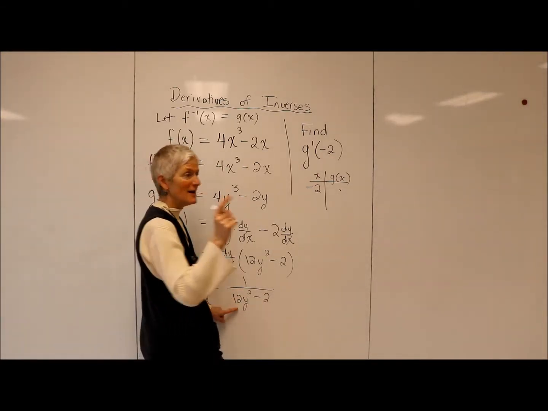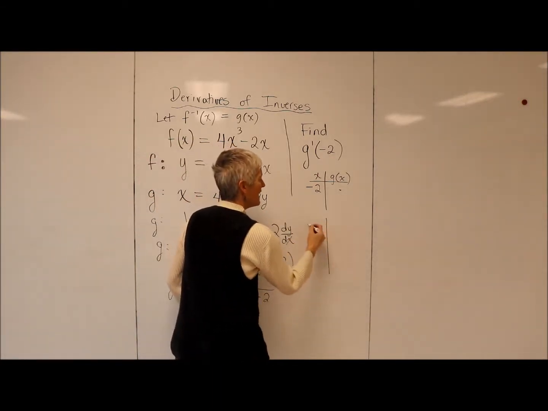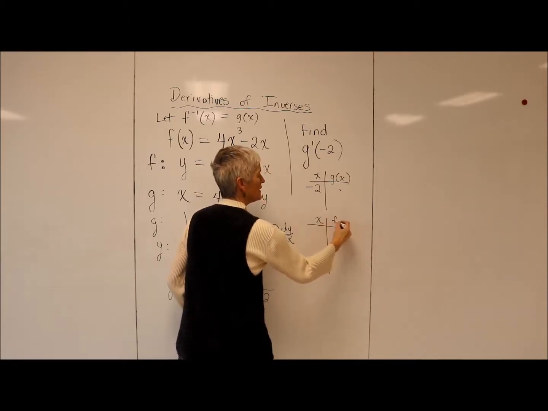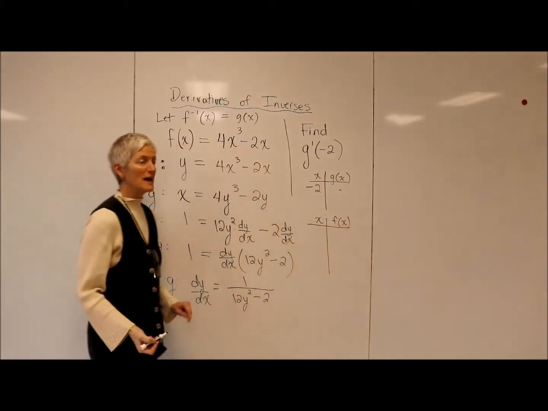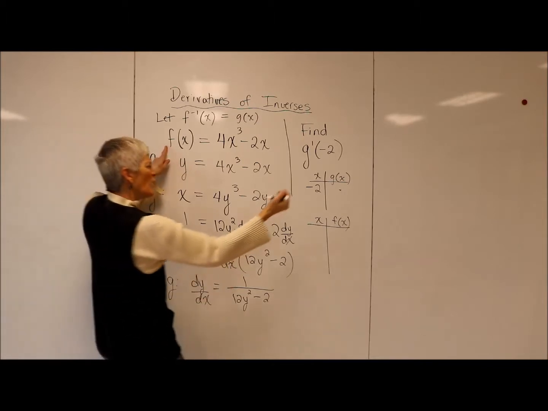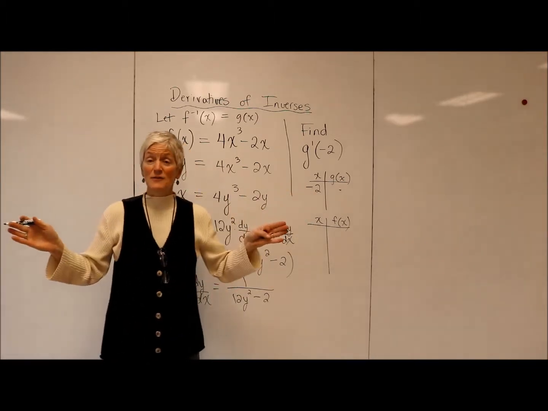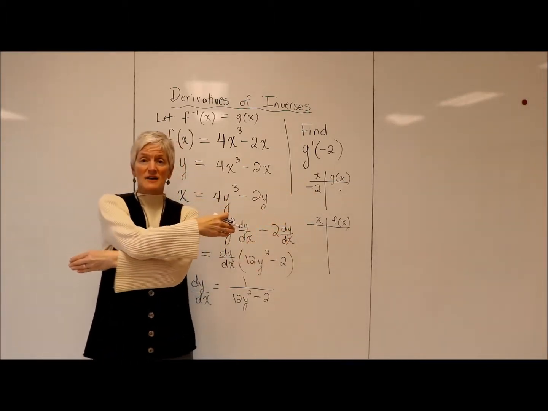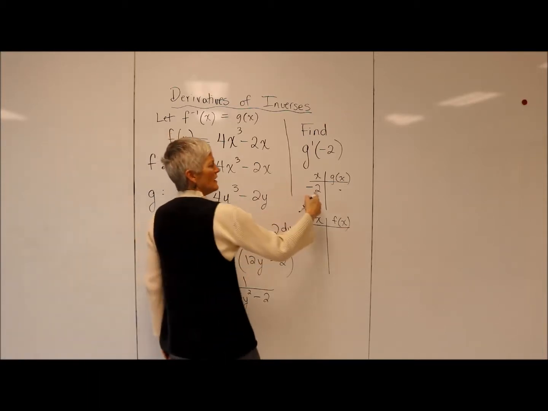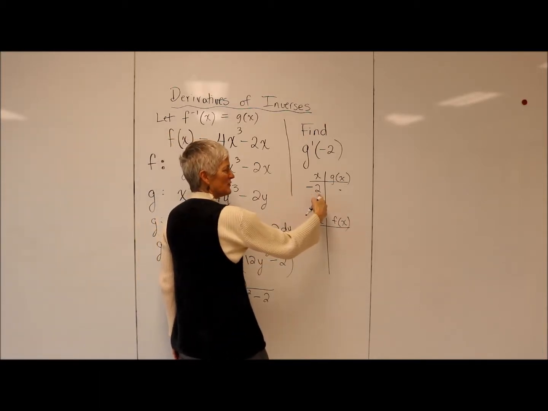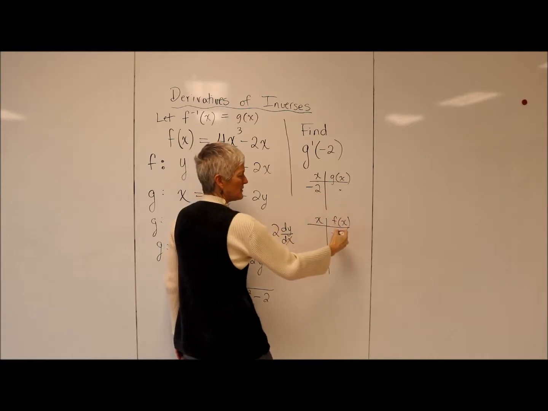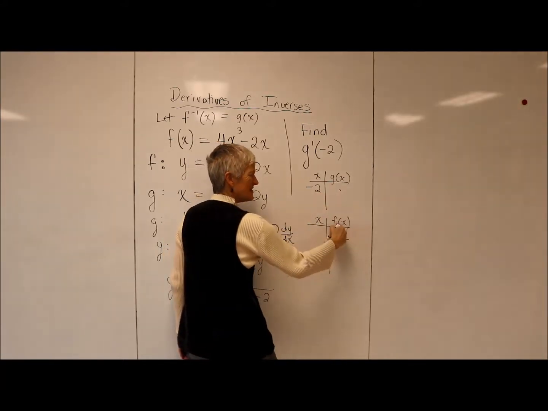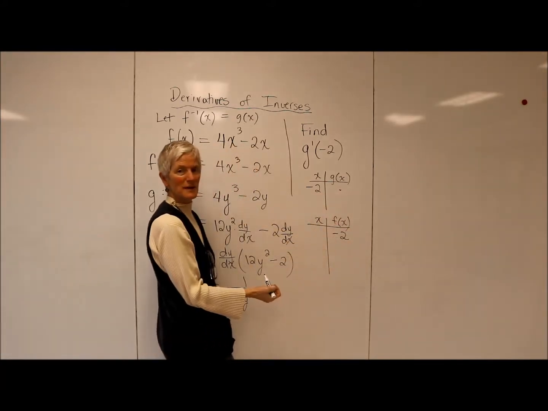Fear not. I can use my original function to figure that out. Remember when we were talking about inverses, the x becomes the y and the y becomes the x? If this x is -2, then that means the f of x would be -2.